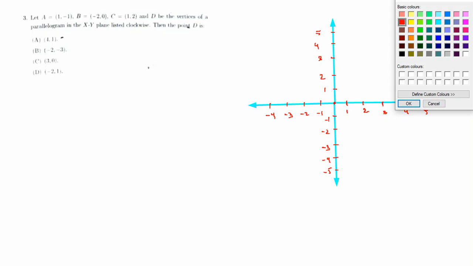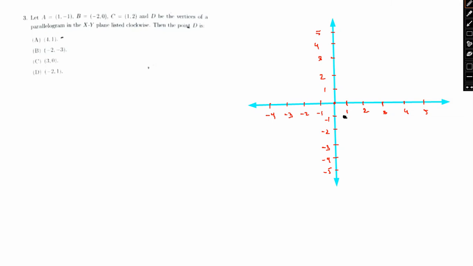Okay, so this is point A. B is (-2, 0), so this is B. And C is (1, 2), so this is C.